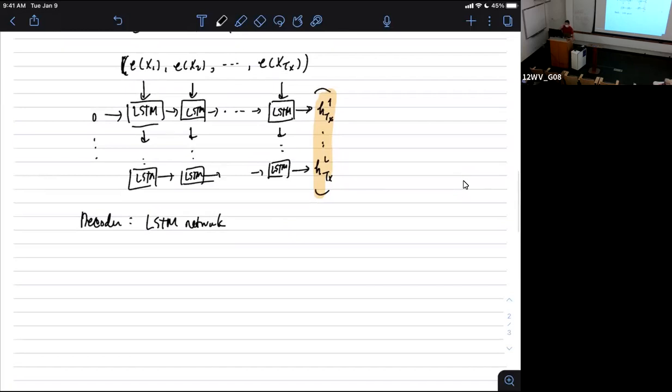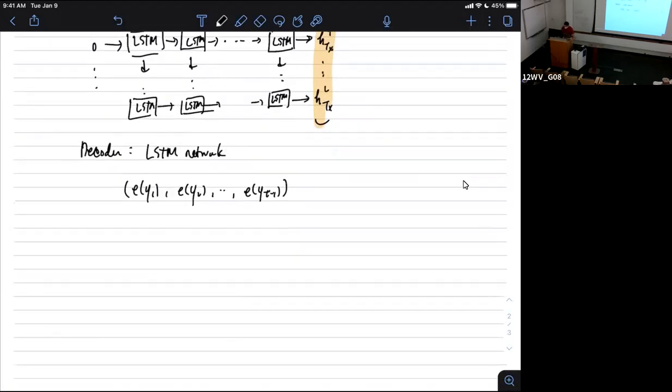Let's say, because we are assuming that we are given some prefix, y1, y2, all the way to y_{t-1}, we're going to have the embedding of y1, y2, to y_{t-1}. And then we're going to have the LSTM network, again with L many layers, which is going to look exactly the same as the encoder.